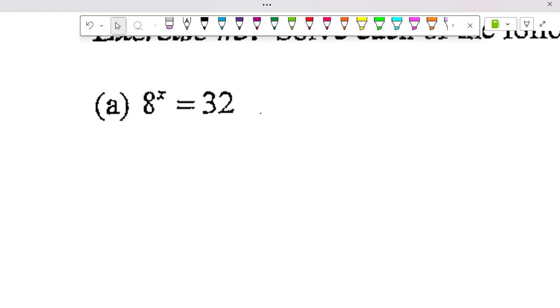You're looking for a column that has both 8 and 32 in it. And by column, I mean vertical.